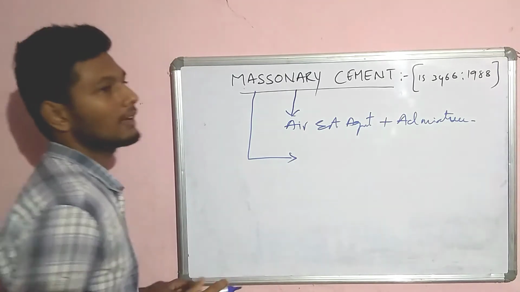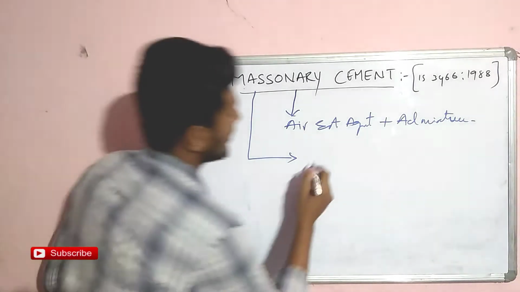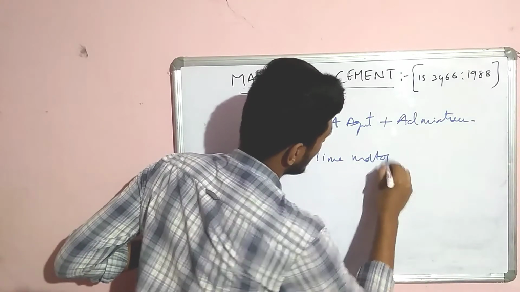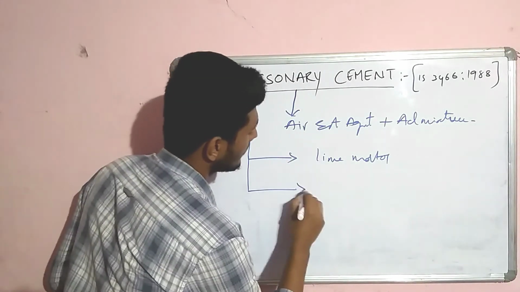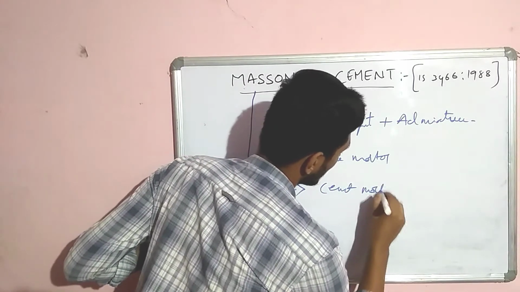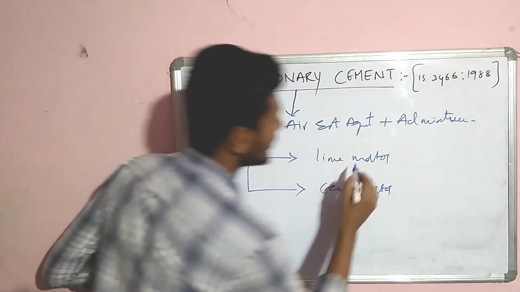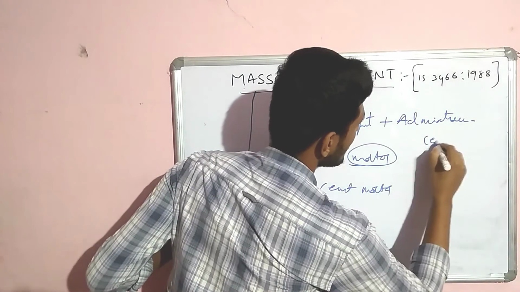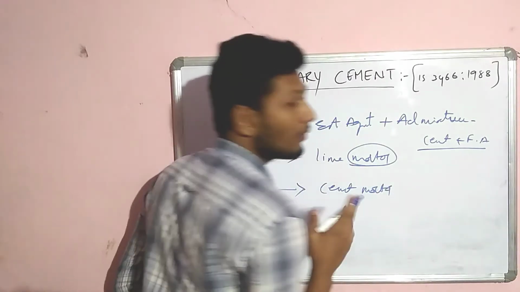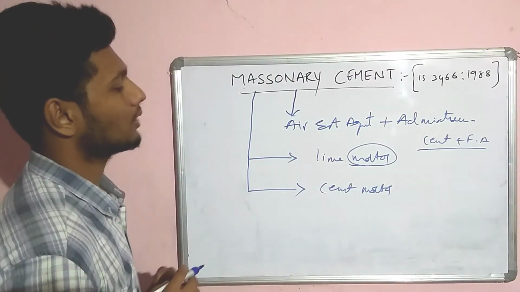In olden days, for masonry works, lime mortar was used, and nowadays we are using cement mortar. The term mortar, we know, is a mixture of cement plus fine aggregate called cement mortar, or we can also call it lime mortar.